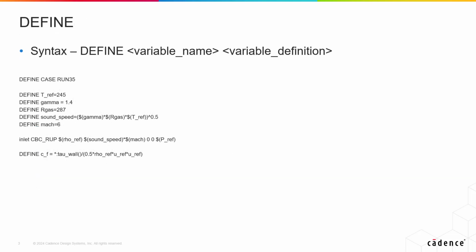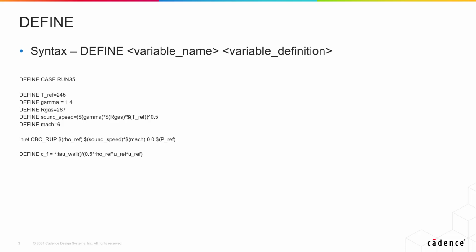The define keyword is a simple one which lets the user define a new variable. It is like initializing a variable in most of the common programming languages like Python, C++, etc. The define keyword accepts alphanumeric input and also mathematical expressions.